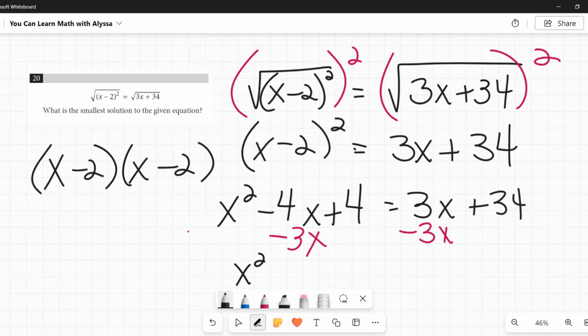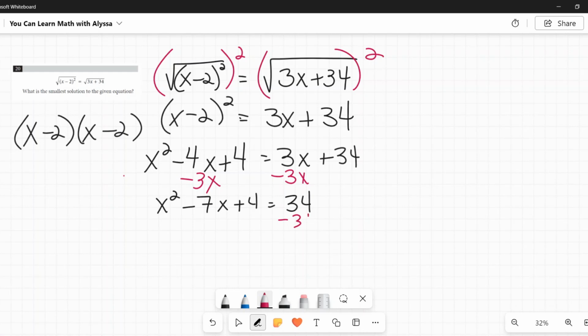That gives me x squared minus 7x plus 4. And then I still have that 34 on the right, so I'm going to subtract 34 from both sides. And I get x squared minus 7x minus 30 equals 0.